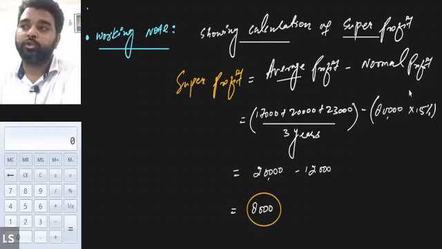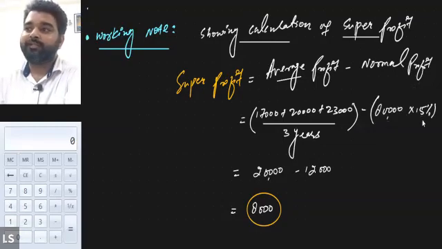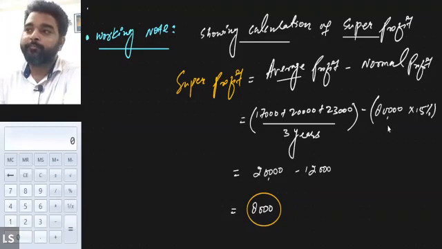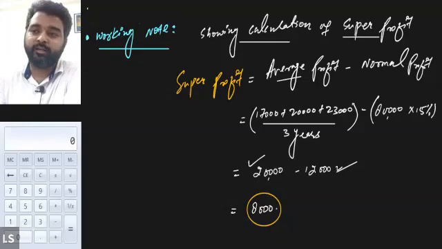For finding out the normal profit, I simply multiplied the rate of return with the amount of investment. So 80,000 was the amount of investment, that means the capital employed. And when you multiply 80,000 with 15%, you will get 12,000. And the average profit will be 20,000. Subtracting 12,000 out of 20,000, we will get 8,000. So 8,000 is our super profit.